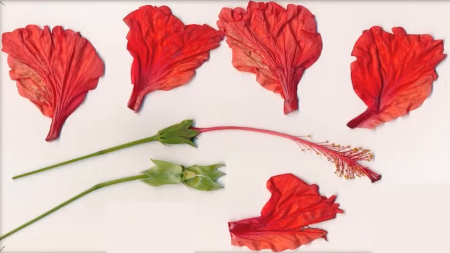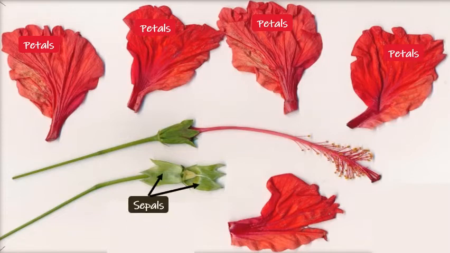So again, this is a petal, petal, petal, and petal. And in this figure, we can see the sepals too. The sepals again look like leaves and they protect the flower when it's still young and small, when it's a bud. Okay, now we're going to talk about these parts.